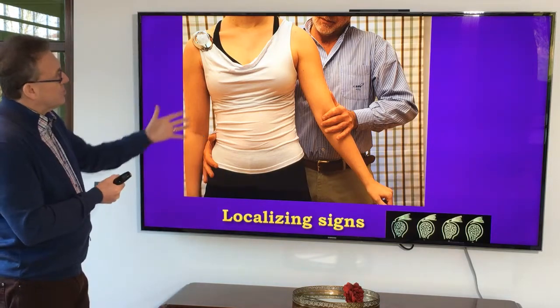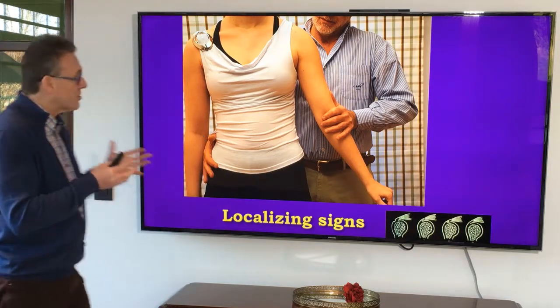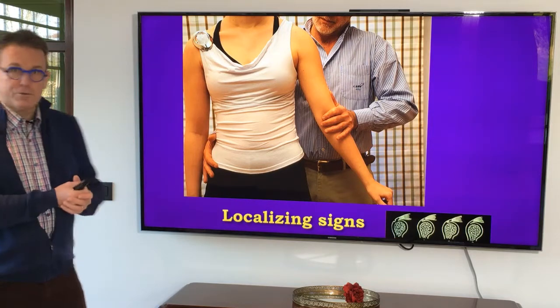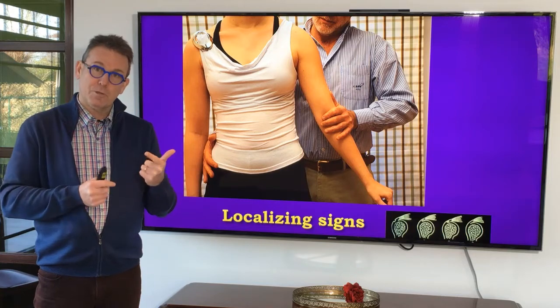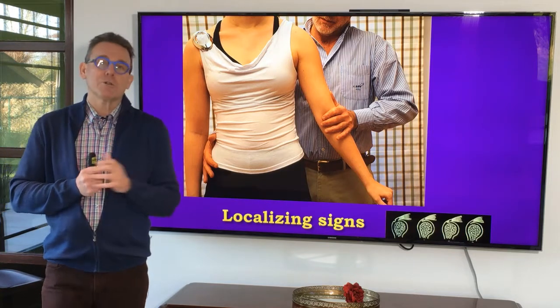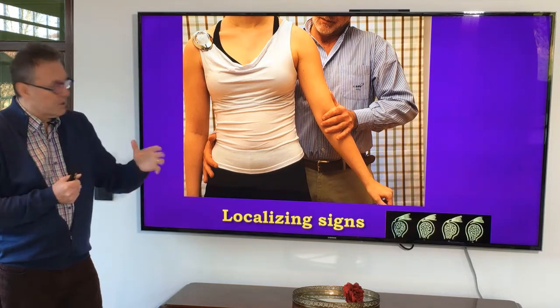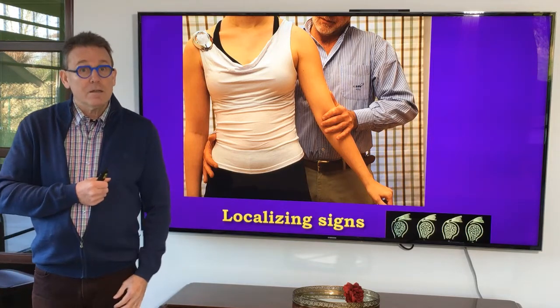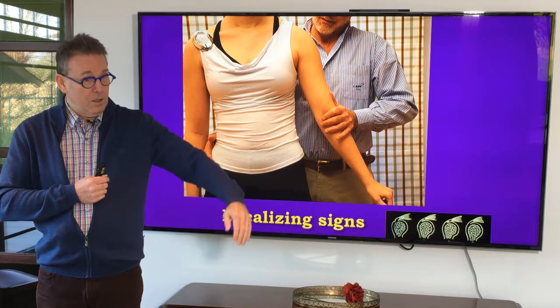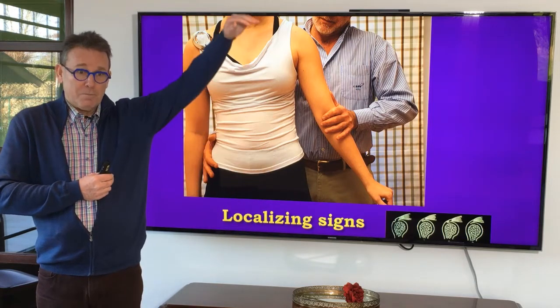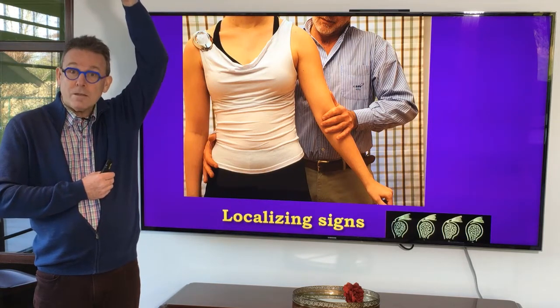And let's imagine she says, ow. So which structure are you testing with abduction? You are testing deltoideus, you're testing supraspinatus. But let's imagine in the examination a little bit later you find that there is a painful arc. No pain, pain, pain, pain, pain, no pain.